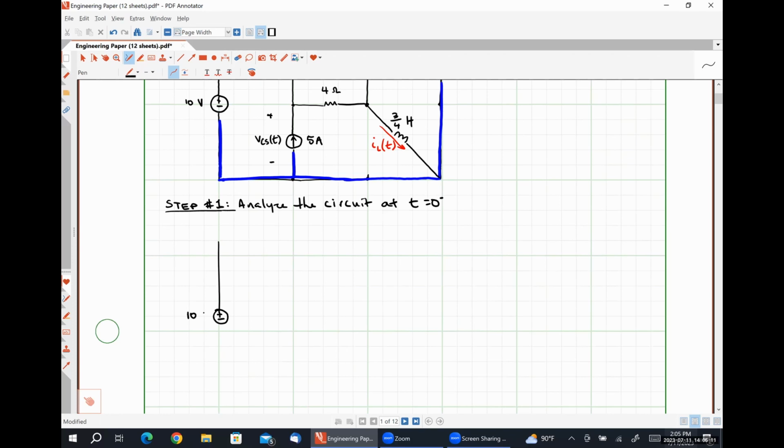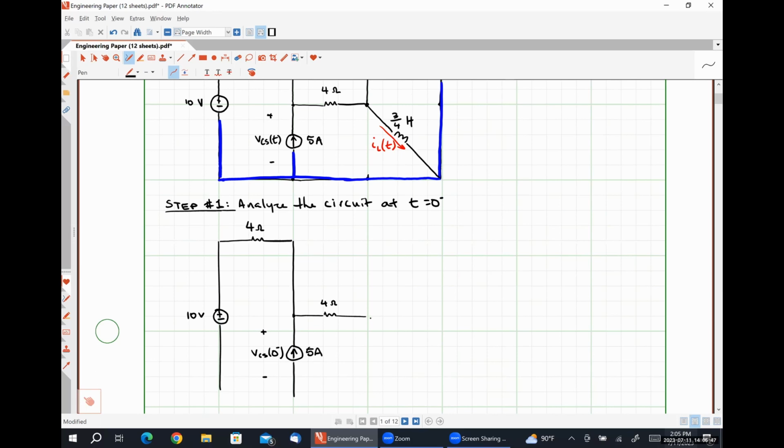Here's our 10-volt source. Ohm resistor, short circuit here. 5 amp source over which we have a voltage VCS at 0 minus. Four ohm resistor there.